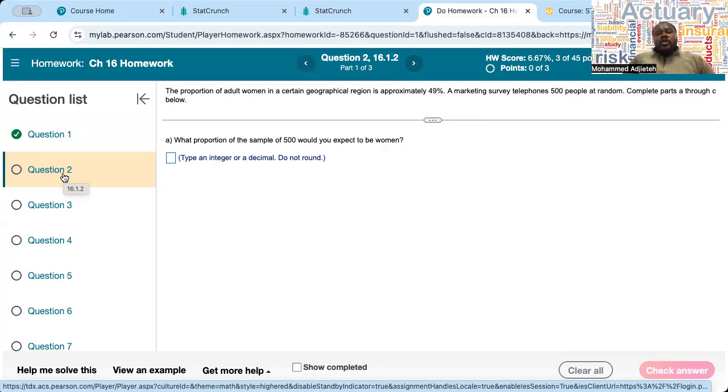So also when you read, you are even told that the proportion of adult women in the geographical region is 0.49. And then the marketing survey telephones 500 random. And then you are asked to find what proportion of the 500 would you expect to be women?